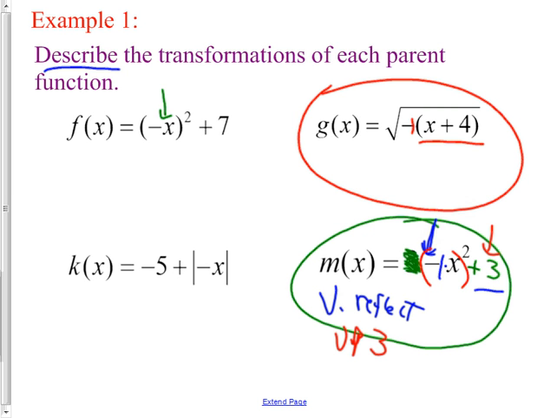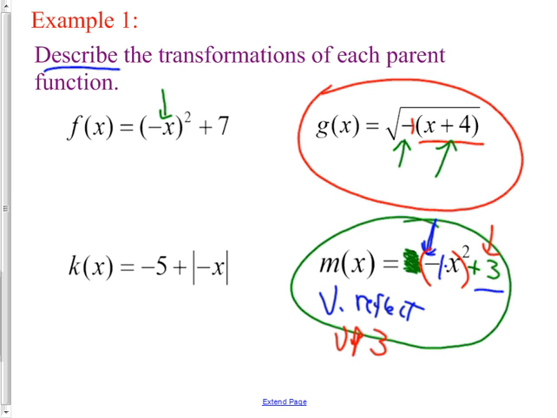What do you remember about being on the inside? You can't trust the things on the inside. They do the opposite of what you'd think. So parentheses would normally be first, so they're not first. You do the reflection first, and then you do the +4, which means left 4.